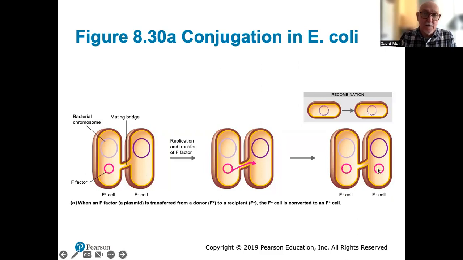That is fully functional. And this F minus cell is converted from F minus to F plus. This cell now gets all the benefits of those resistances or whatever information was on the plasmid, but they also acquire the ability to conjugate themselves and go find F minus cells, conjugate with them, and transfer the information.